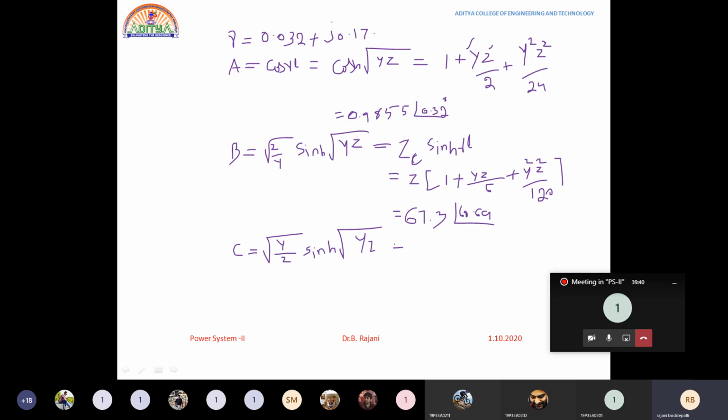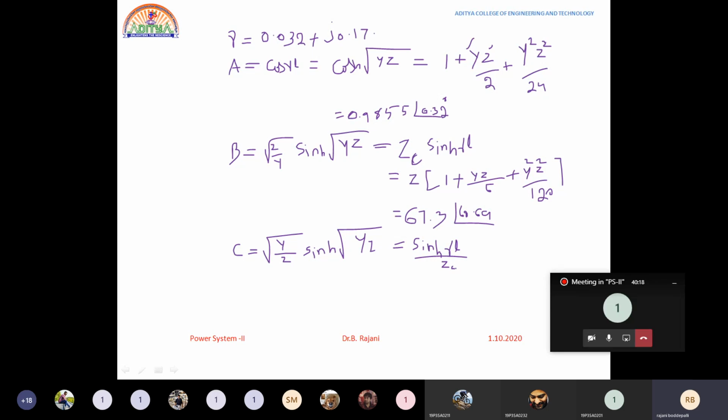We can write the C equation as y into sine hyperbolic gamma L by ZC.